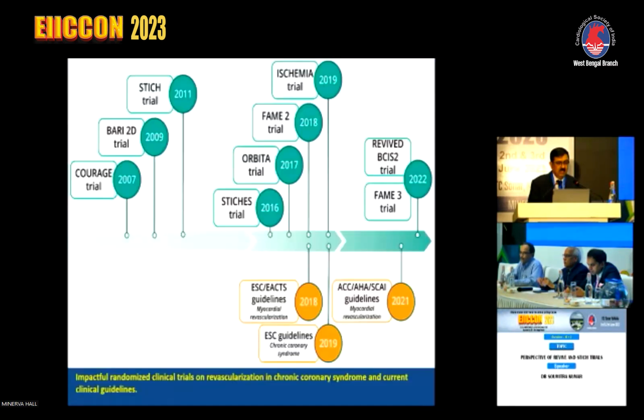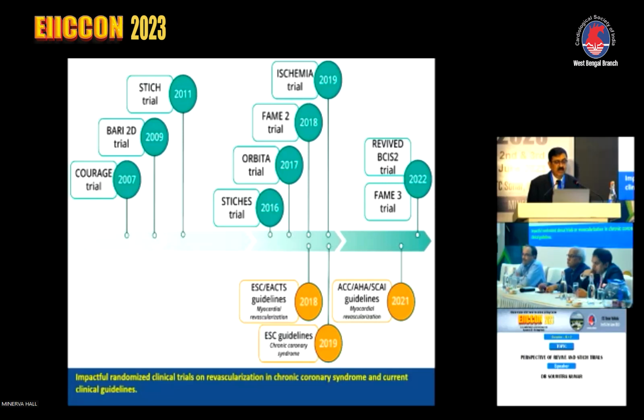So in the field of chronic coronary syndrome, these are some of the landmark trials that have happened in the new millennium. In the first half, we had COURAGE, BARI 2D, STITCH. That is the subject of one of my talks. Then to follow it up, we had more defining trials like ISCHEMIA, FAME 2, ORBITA, and then various follow-up studies of STITCH, the long-term follow-ups, the STITCH viability studies, and so on, which were published later.